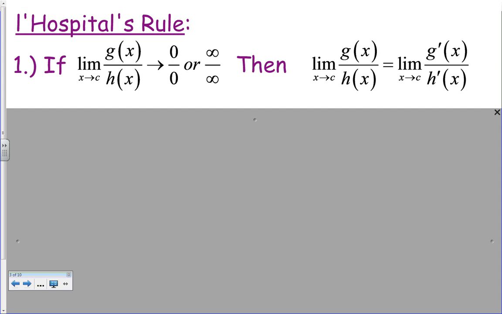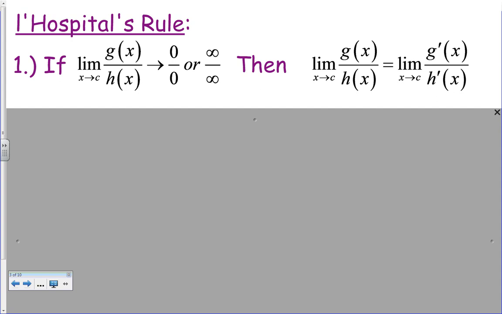In fact, you could factor the minus sign out front, so you have the opposite of that indeterminate form of infinity over infinity. If that's the case, g of x over h of x is approaching one of those quotient forms of an indeterminate. Then the conclusion is that the limit as x goes to c of g of x over h of x, which is what we're trying to find, is equal to the limit as x goes to c of g prime of x over h prime of x.